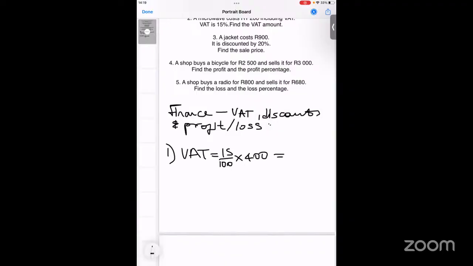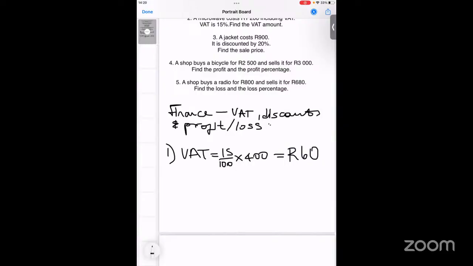And you punch it on your calculator, it should give you the amount. So 15% of that 400 equals 60. So the extra that you will need to pay is 60 rands.